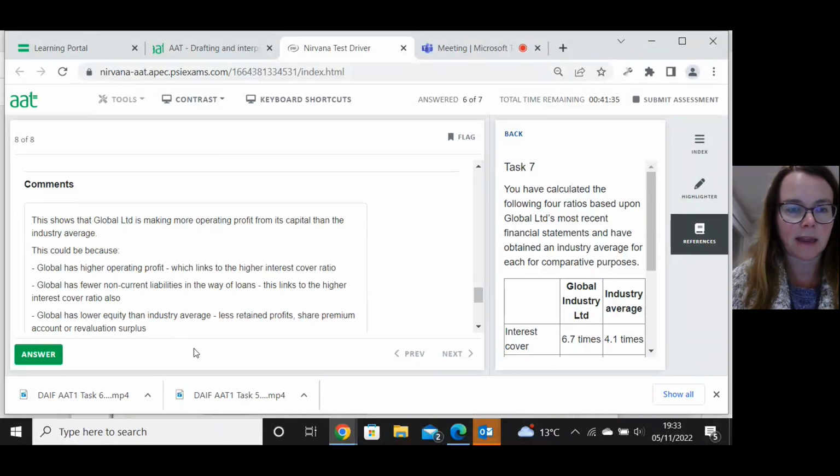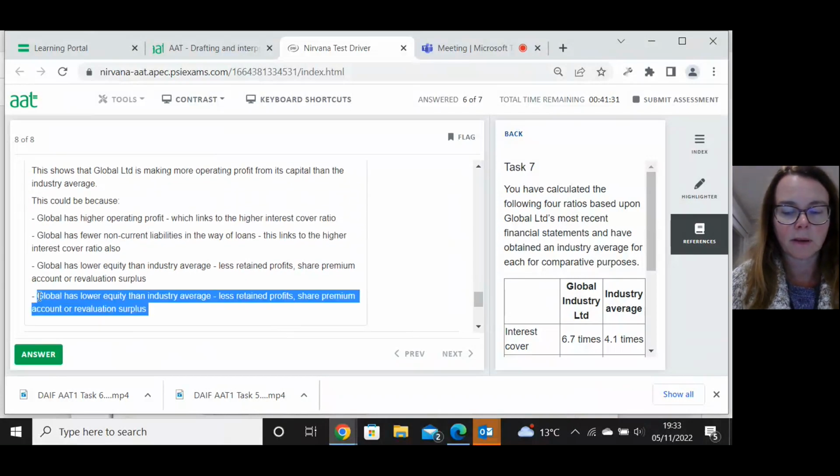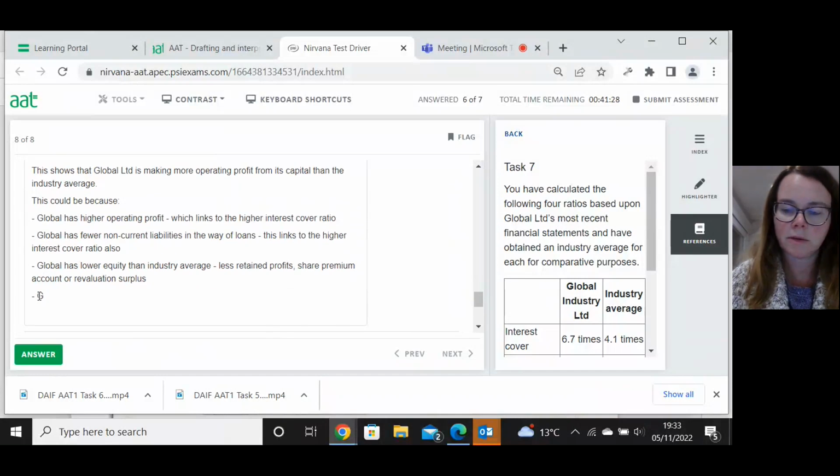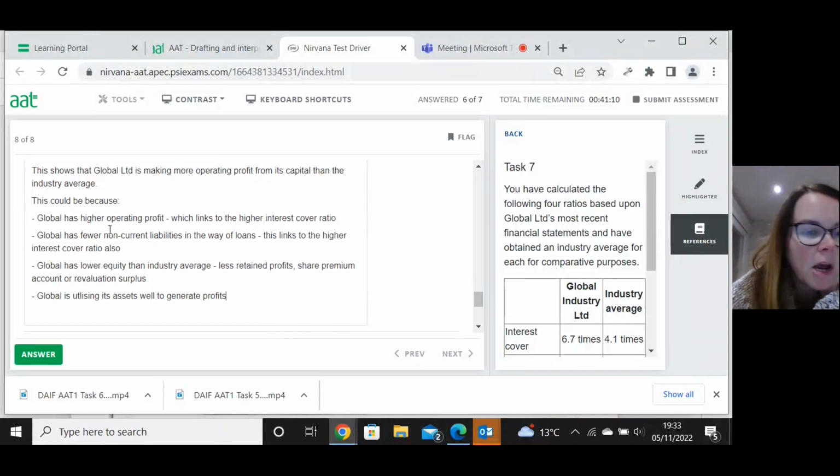So we could say Global is utilizing its assets well to generate profits. And they've said it could be due to higher profits, 2 marks, lower equity, they've said. I've gone into more detail, 2 marks, less non-current liabilities, 2 marks.